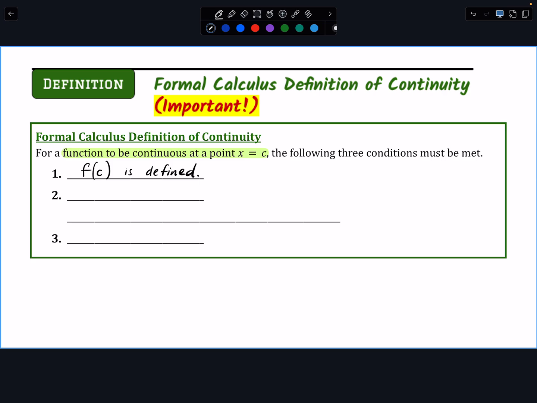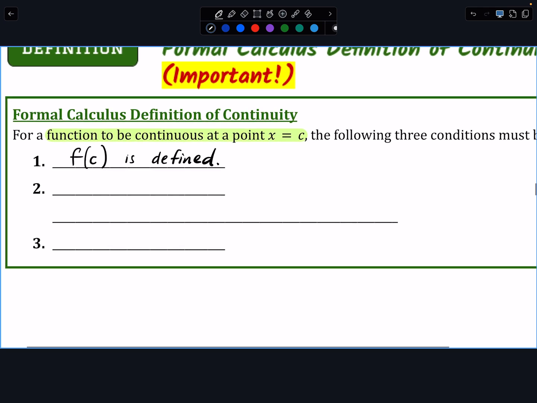The next thing that has to be true is that the limit as x approaches c of f of x exists. Now, you just had a 3-day weekend where you may not have done any calculus, and that's okay. But what does it mean for the limit to exist?